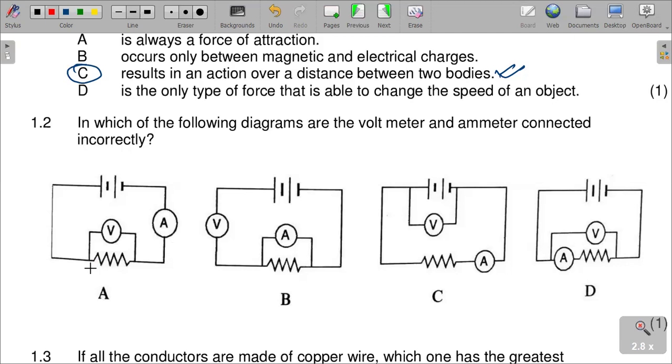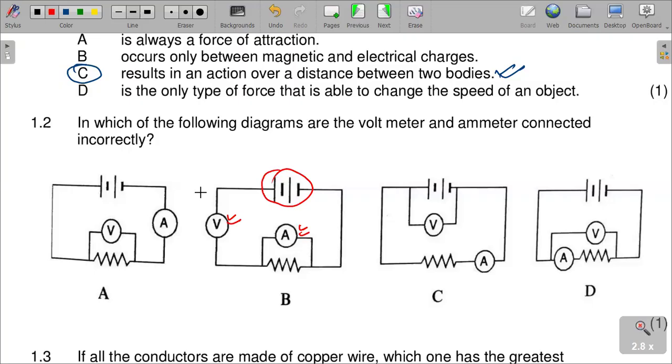So I was saying, please make sure that whenever you are given these diagrams, you understand the proper representation of the various symbols: the cells, the voltmeter, the ammeter, and also the resistance and so forth. What you need to understand here is which of these diagrams show the instruments incorrectly placed or incorrectly connected.